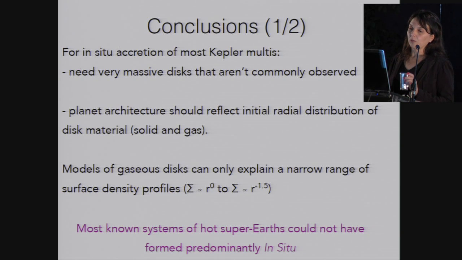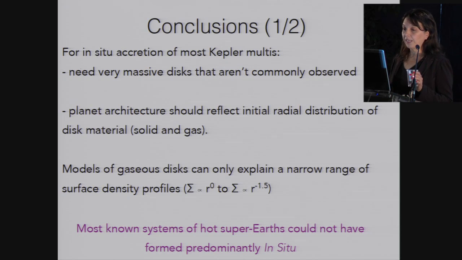So if you were to match the final positions of the planets and look at the gas disks that would be needed to form those planets, you find in many cases there are models of gas disks that are inconsistent.